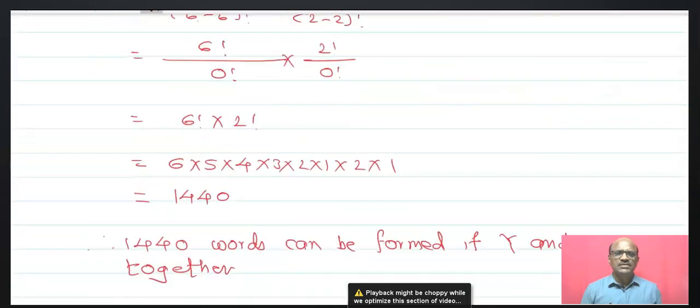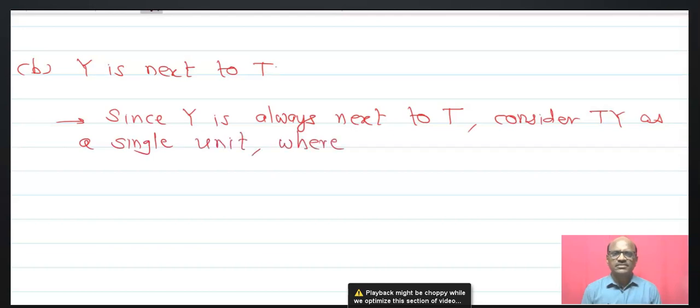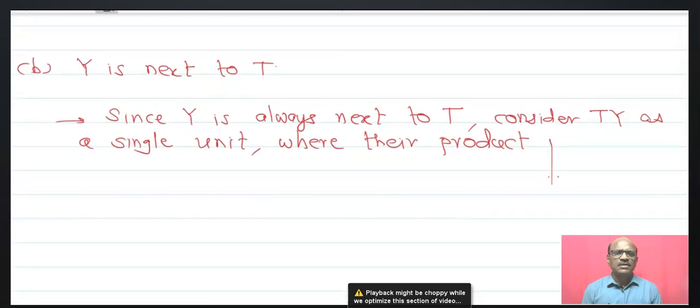In the second case, Y is next to T. Since Y is always next to T, consider TY as a single unit where their order is fixed.